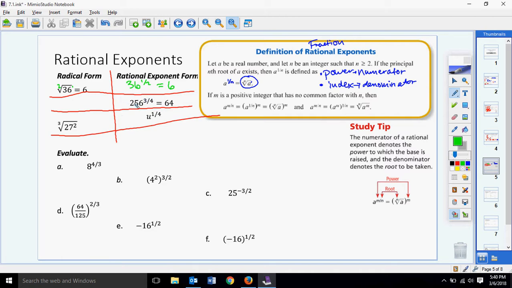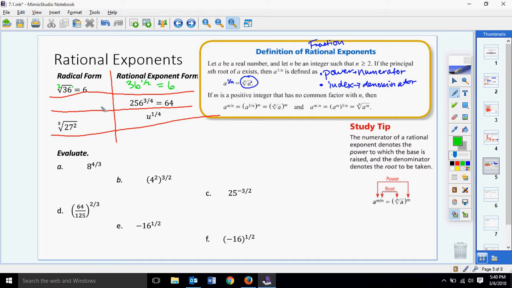Let's look down here. Now we're given the rational exponent form, and we have to write it in the radical form. So I'm given my number 256, and it's raised to a fraction exponent. So what number, 3 or 4, is my root? What is the index? Well, I come over here and I see that the index is the denominator.